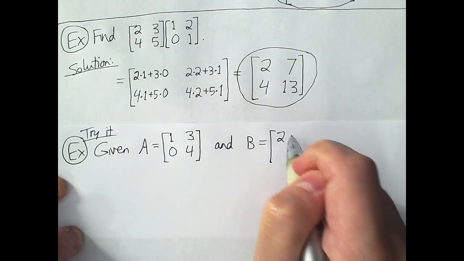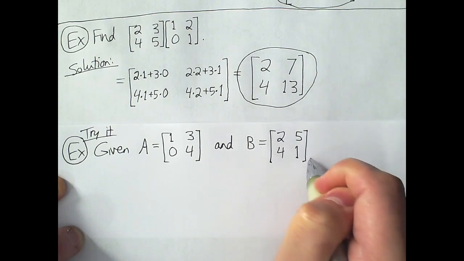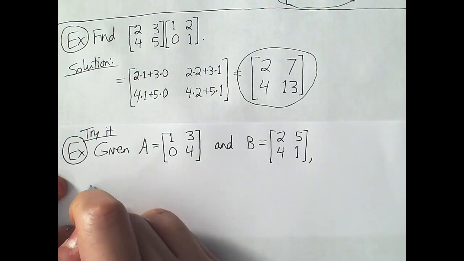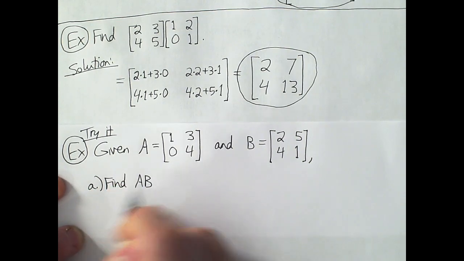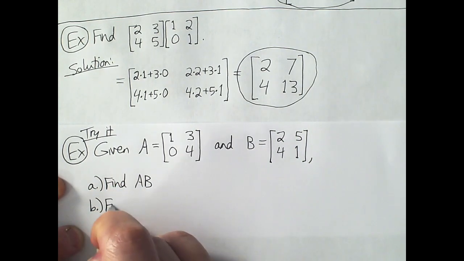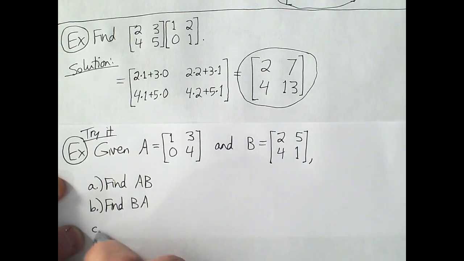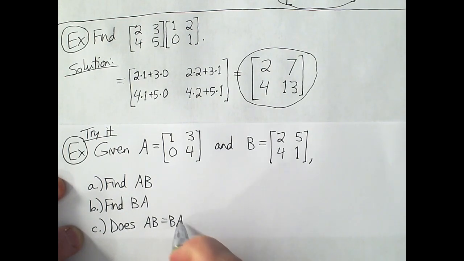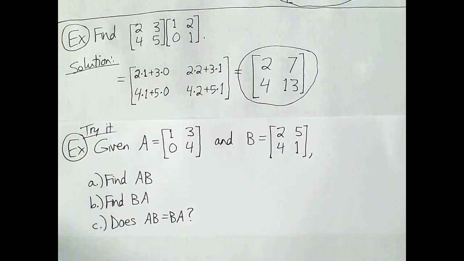There's 3 parts. Given A and B, part A, find AB. Part B, find BA. And part C, does AB equal BA? All right, so I'd like you to pause the video, take a couple of minutes, and try to do these 3 parts.